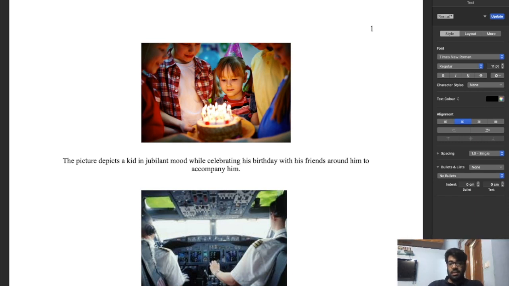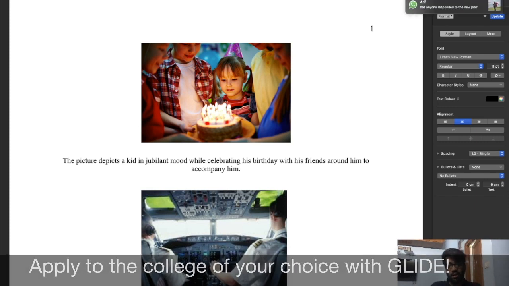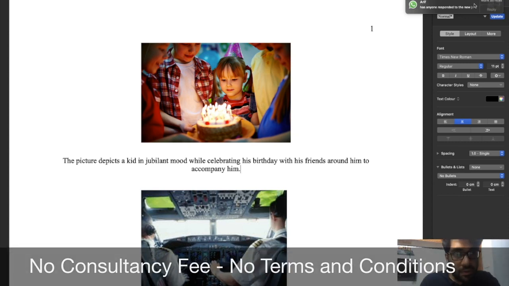Okay, simple, right? So we just turned two simple sentences into a combined sentence by connecting them. We just use the word with. So the picture depicts a kid in jubilant mood while celebrating his birthday with his friends around him to accompany him. Okay, so as simple as that, right?